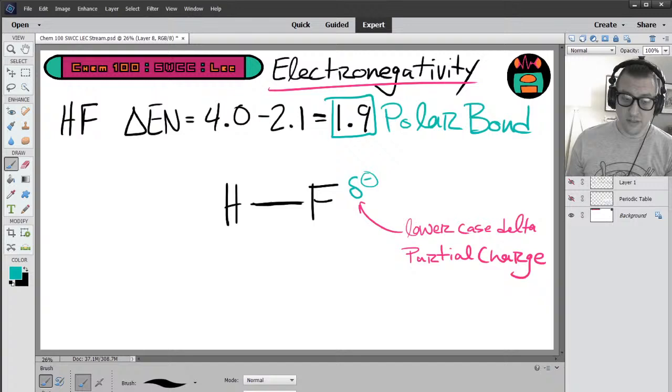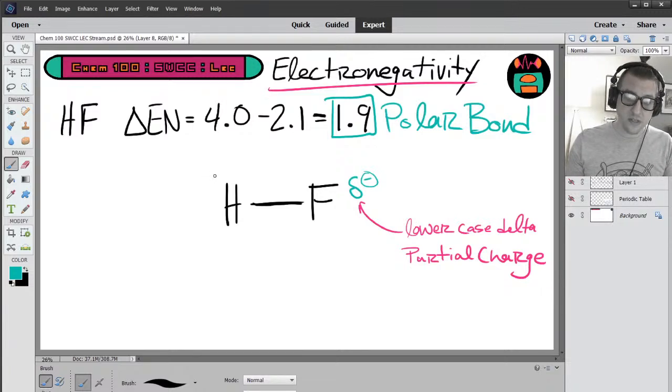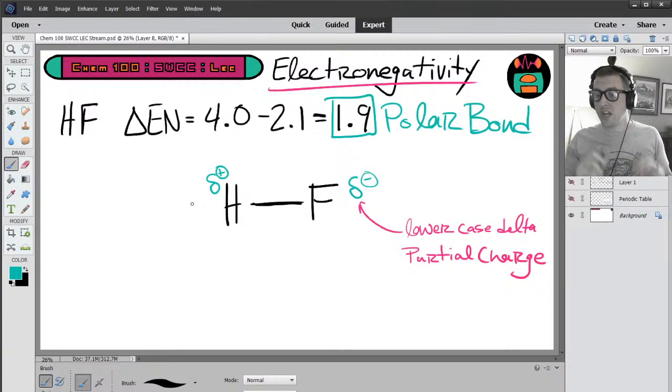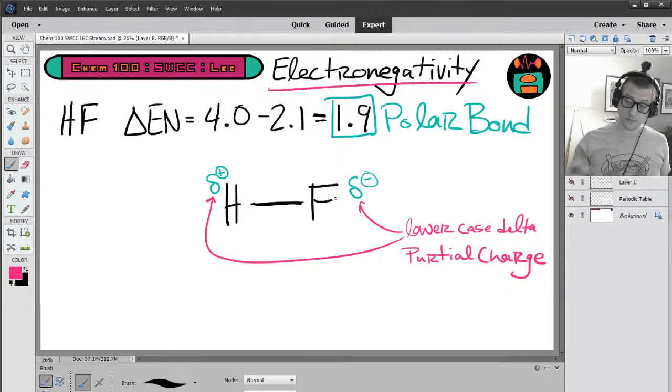Because hydrogen doesn't have the electrons as much as fluorine, they're spending more time around fluorine, hydrogen is left with a slight positive charge, not a full-blown positive charge, but a partial positive charge. So we have partial positive over here on hydrogen, partial negative over here on fluorine.